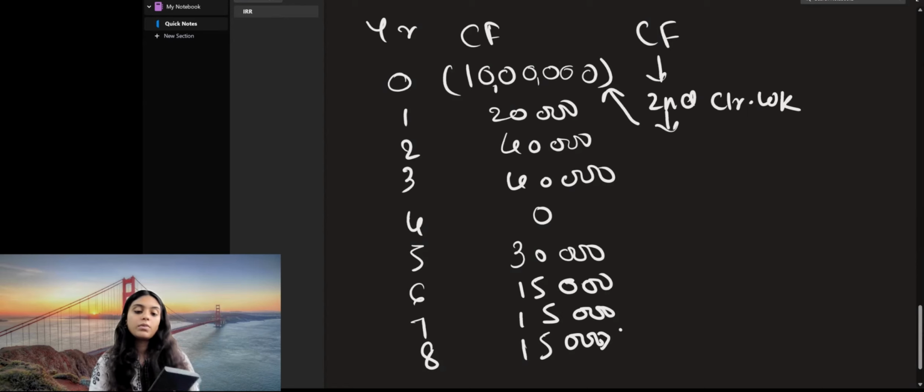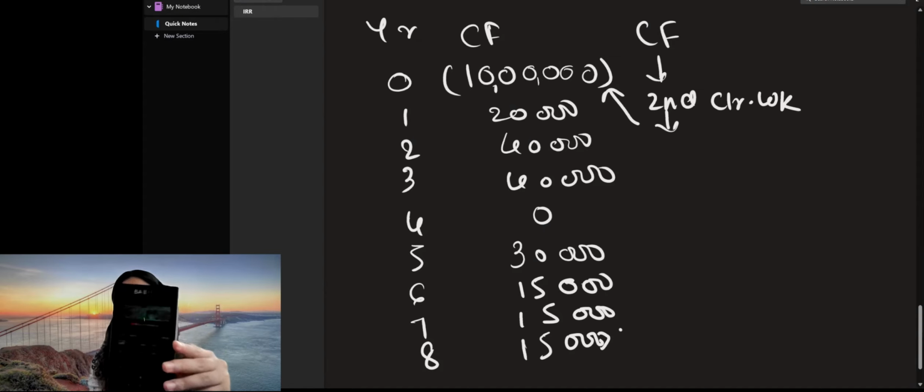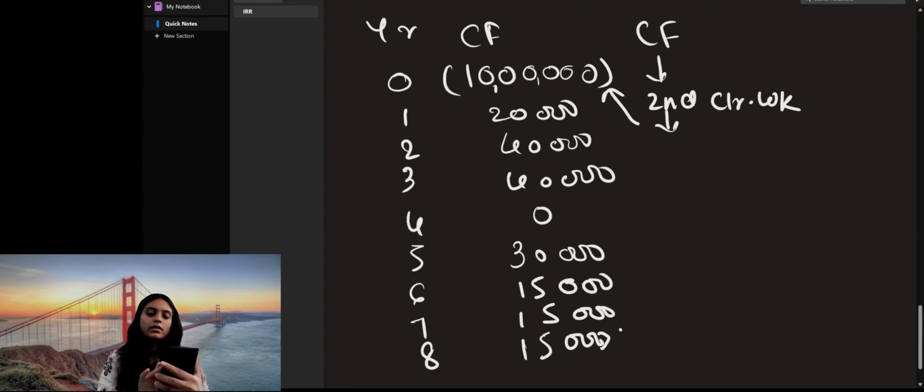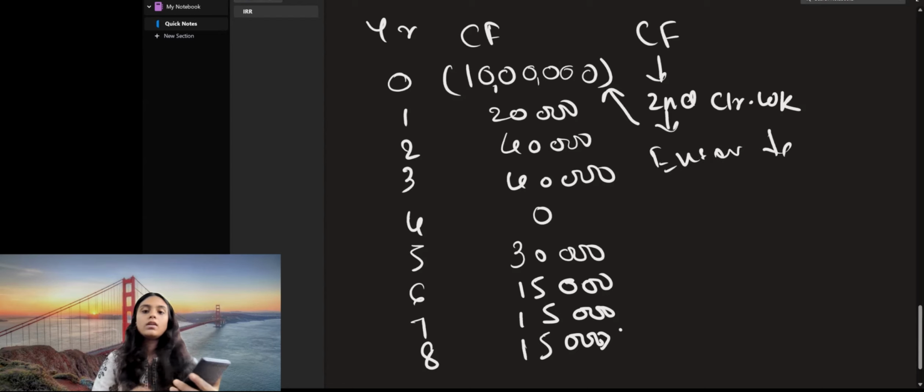First, put the number 10 lakhs. Then you have to click this button and it will turn negative. Okay, now enter and arrow down. Enter and arrow down. Enter and arrow down.